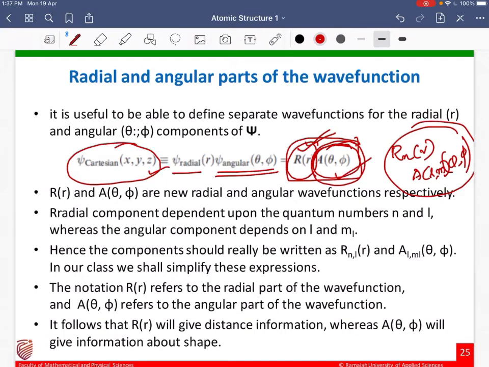The notation R of r refers to the radial part of the wave function, and A of theta, phi refers to the angular part of the wave function. It follows that R of r will give distance information, whereas A of theta, phi will give information about the shape.